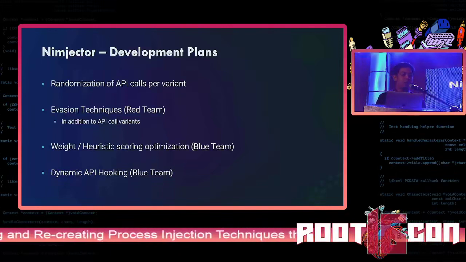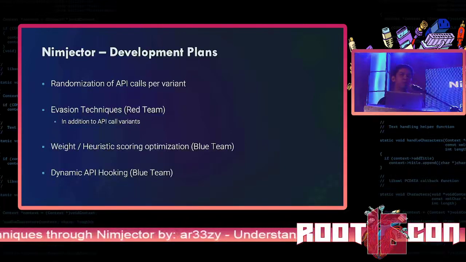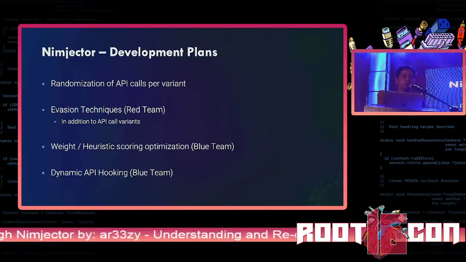So for development plans, of course, there are a lot of variations of different API calls and the techniques themselves. As I mentioned, there are 46 techniques and 4 variations as of now. If you want to randomize every API call for each variation, for example, create remote thread uses open process, virtual alloc X, write process memory, create remote thread, create thread X, and close handle.